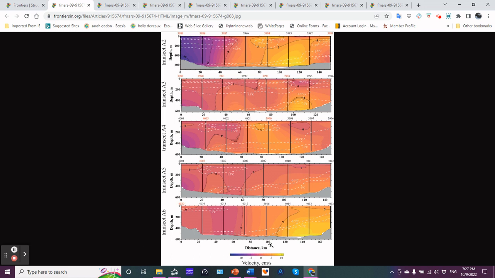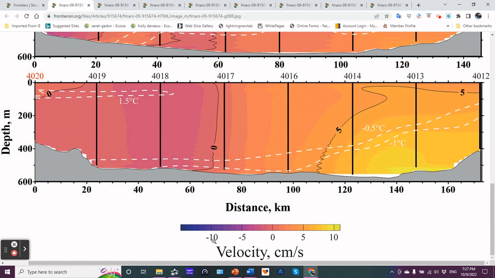Now, when you look at the velocity, let me see if I can enlarge it. You see the minus 10, the minus 5? Velocity, remember, is a vector quantity. It contains not just scale, not just magnitude, but direction. So the minus value is just simply telling you a direction.